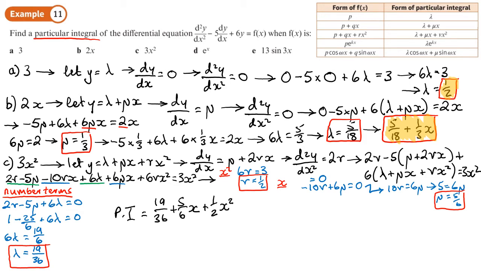Okay, so that's our particular integral for part C here, like this. Now you might want to pause it because I'm going to clear the screen to give me space to do parts D and E.